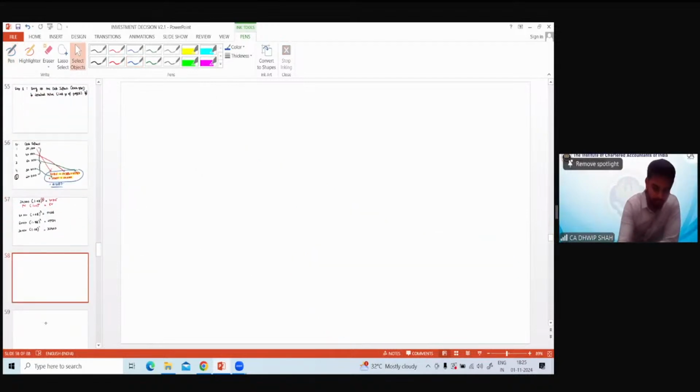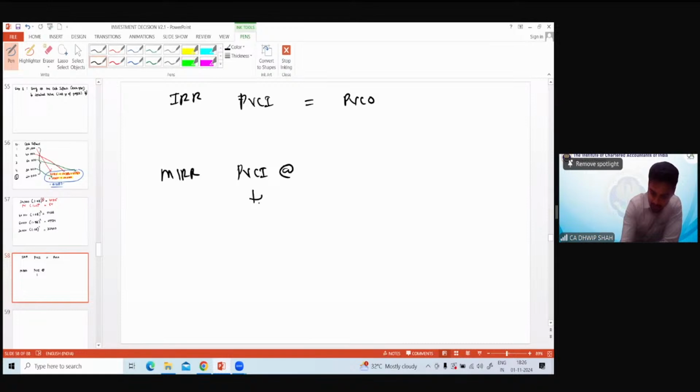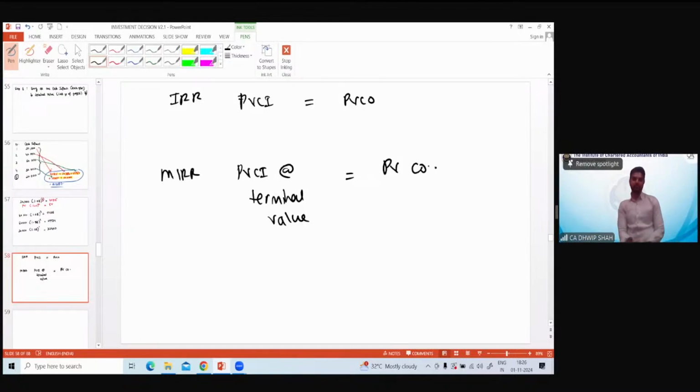So the modified IRR rate, see, IRR is that rate where PVCI is equal to PVCO, correct? Modified IRR says that your PVCI at terminal value should be equal to PVCO. Are you getting this?